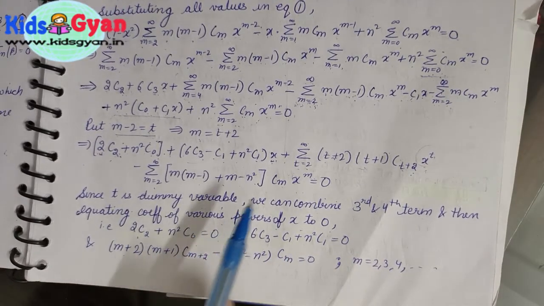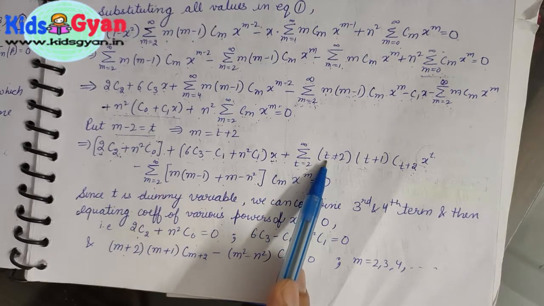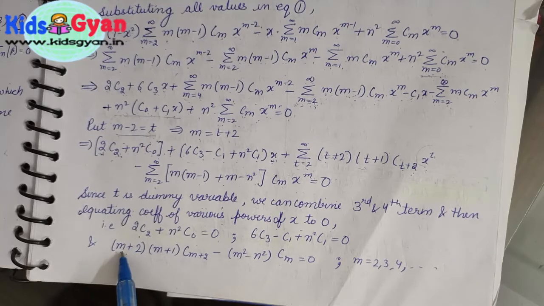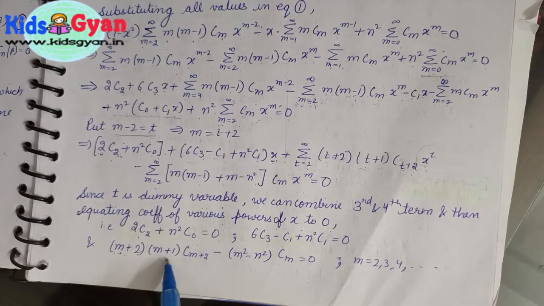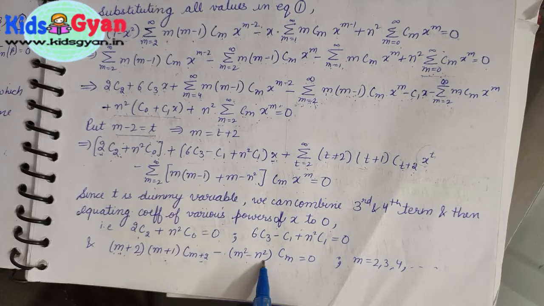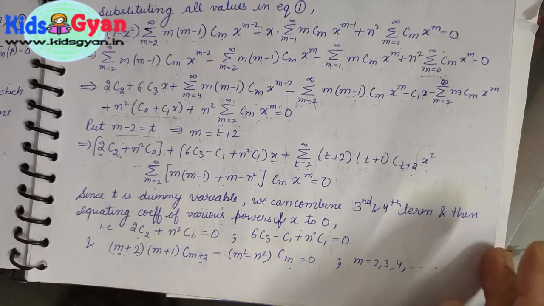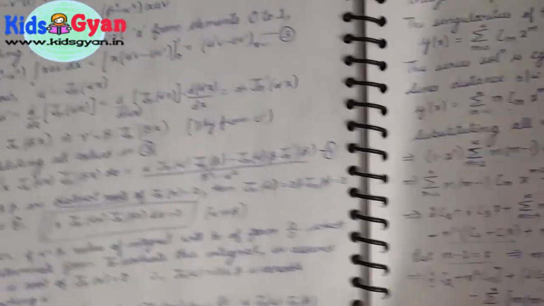And next, in the place of t we put m again. So (m + 2)(m + 1) c(m+2) minus (m² − n²) cm is equal to 0, where m is 2, 3, 4 and so on.